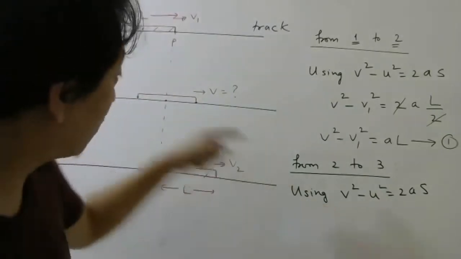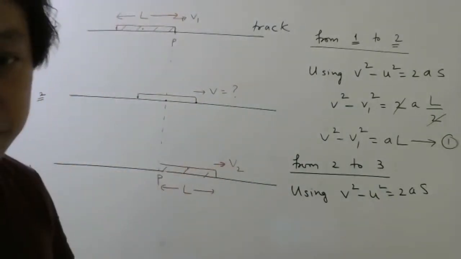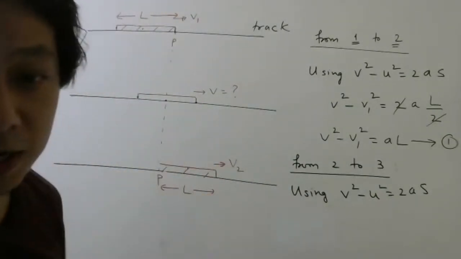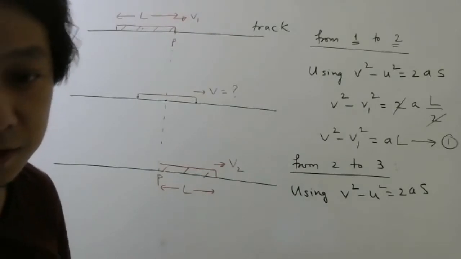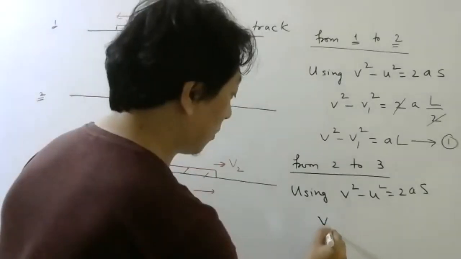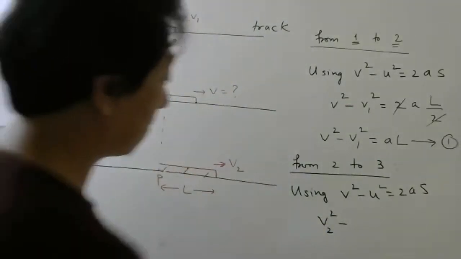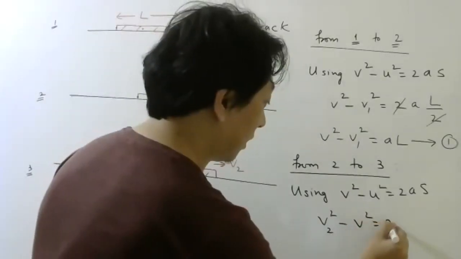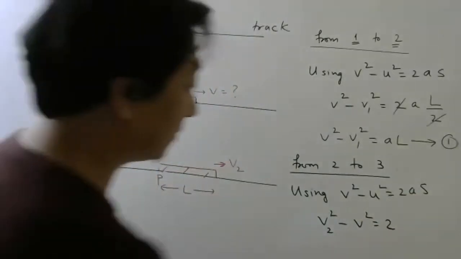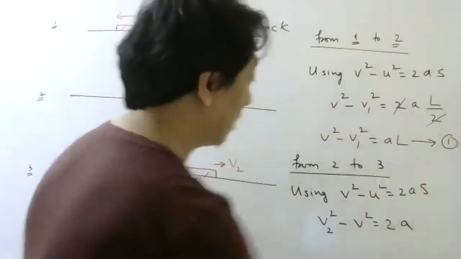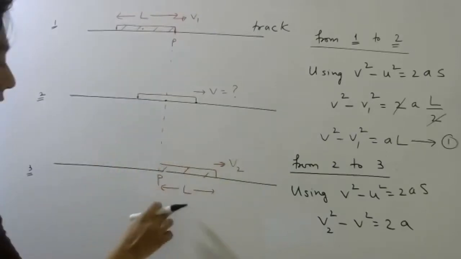What will be v now from 2 to 3? Final velocity, what should I write, v2 or v? v2. So v2 square, and initial velocity will be v, remember. Acceleration is constant, we know. Same symbol. What is the displacement from here to here?